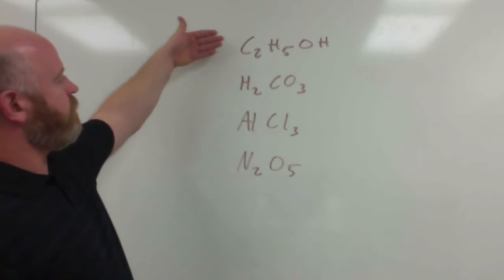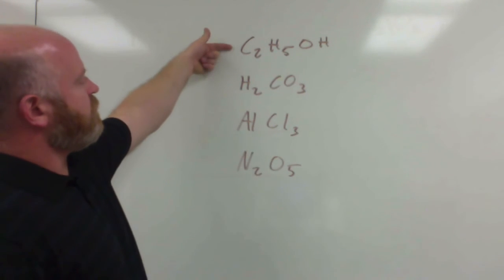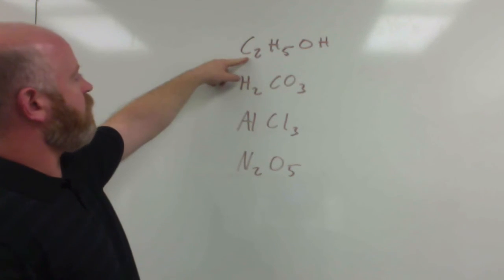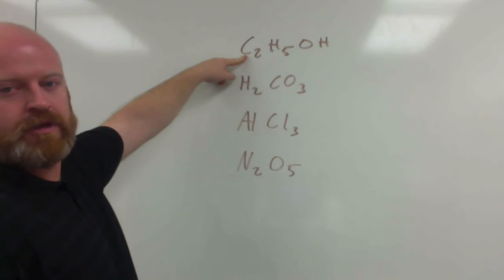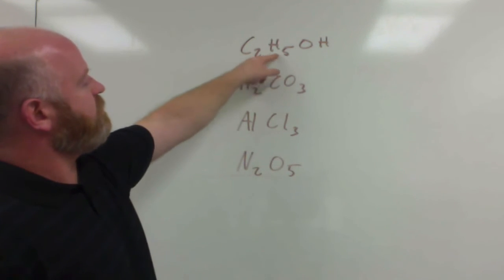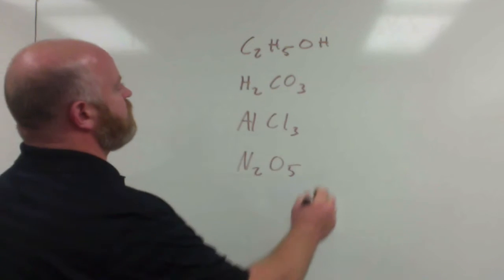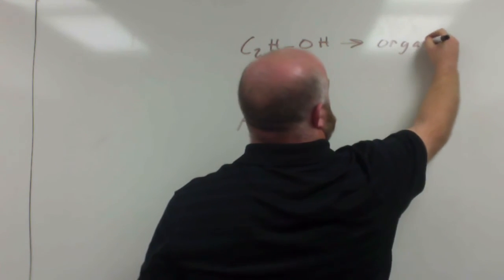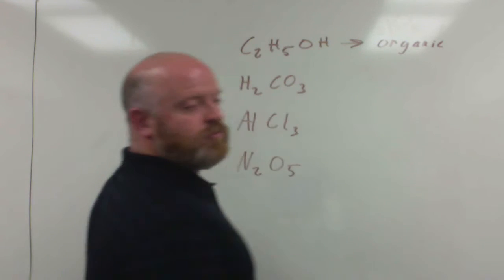Let's start with the first one. Does it start with a metal? This is carbon, not a metal, so no. Does it start with hydrogen? No. Is it a hydrocarbon? Well, we have carbon with a bunch of hydrogens and an oxygen here, so yes, it's a hydrocarbon. So we're going to name this as an organic and follow those rules.